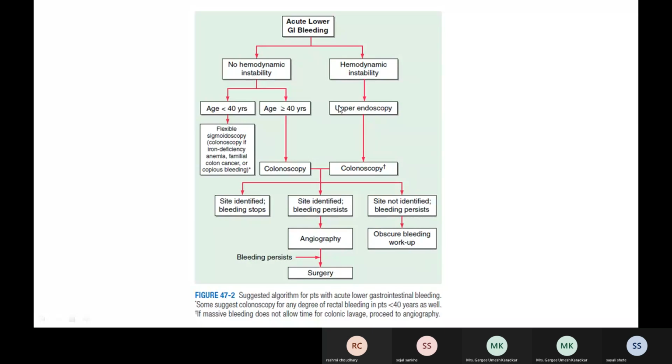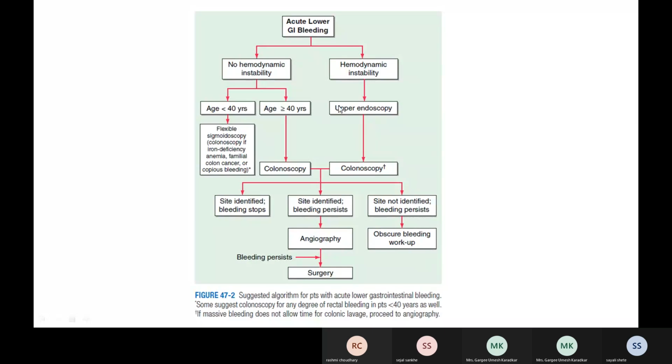IV calcium may be given. 10% calcium gluconate IV can be given over 10 to 15 minutes if the serum calcium level falls. Other drugs: antacids, H2 receptor blockers, and omeprazole can be given. Other specific measures: if there are varices, octreotide is given as a bolus or in infusion for 2 to 5 days.